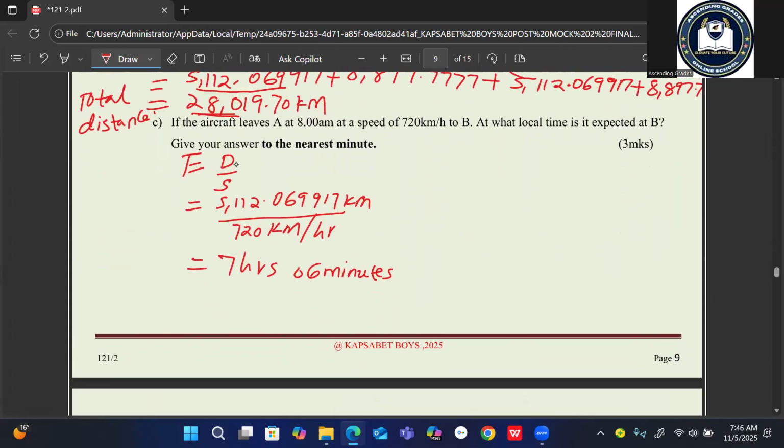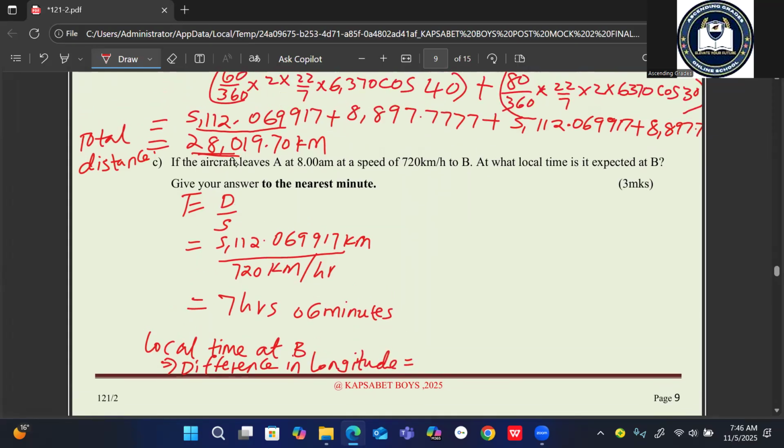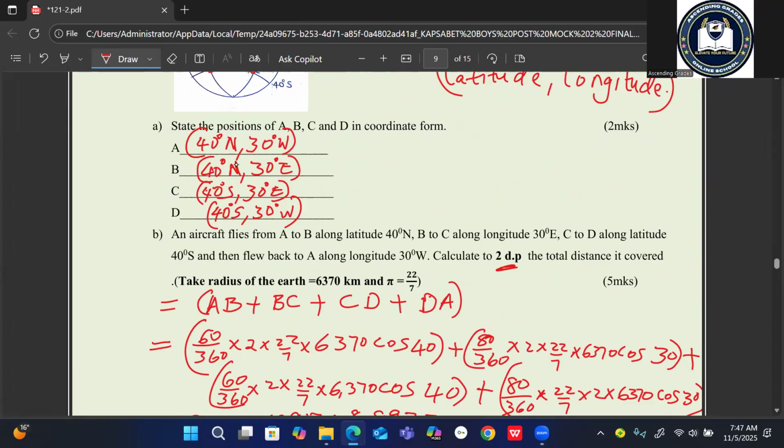So the local time at B will be equal to the difference in longitude. What is the difference in longitude? So we go to A, then B. The difference in longitude has to be 60 degrees, because it is 30 degrees west and 30 degrees east, so we add the two.